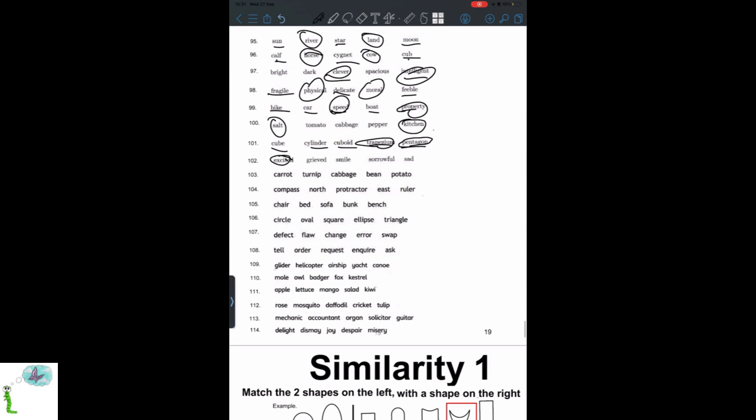Excited, grieved, smile, sorrowful, sad. So how I'd go about this one? Look at the differences. This is like describing something that's being done. Something that's being done. This is a verb.